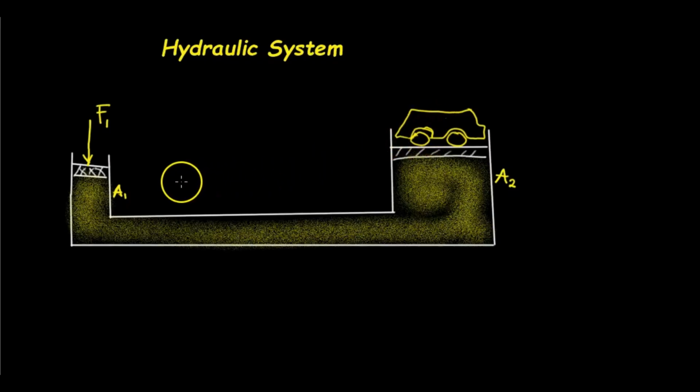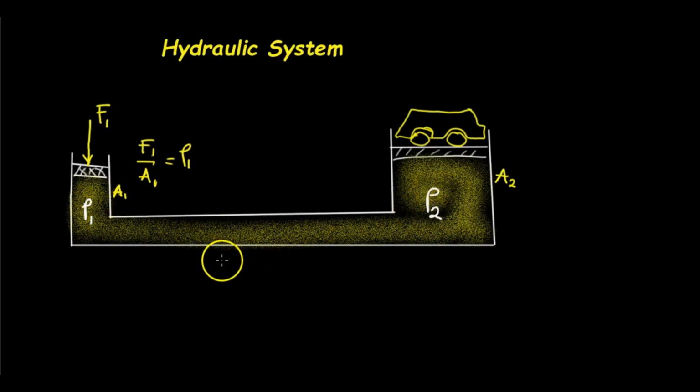So what happens here is that when I apply this force, the force and area result in a certain pressure, and this pressure is built up in this region. Now according to Pascal's, this pressure will be distributed equally throughout the fluid. So the pressure here would also appear here.